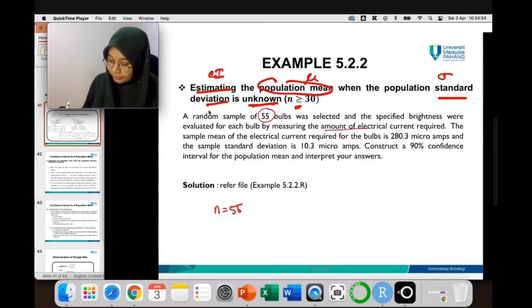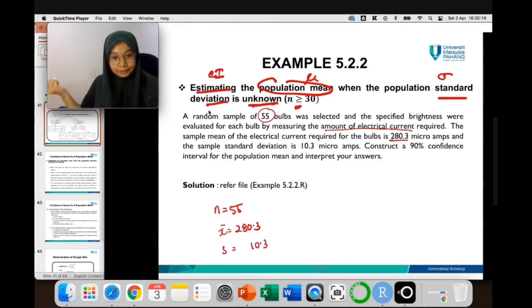The sample mean of the electrical current required for the bulb is 280.3. What is the symbol for 280.3? X bar. Correct. And the sample standard deviation S is equal to 10.3. This is the information given.